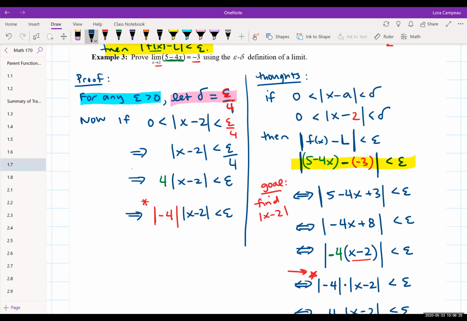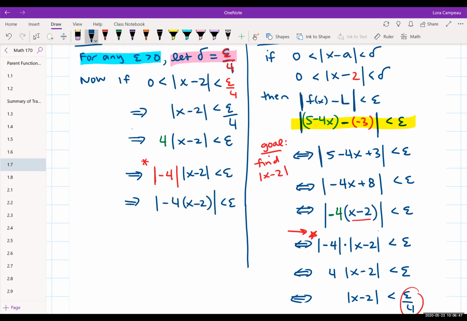Okay, so now we're allowed to bring everyone back in. We have the absolute value of negative 4 times x minus 2, still less than epsilon, and I'll continue on the proof.